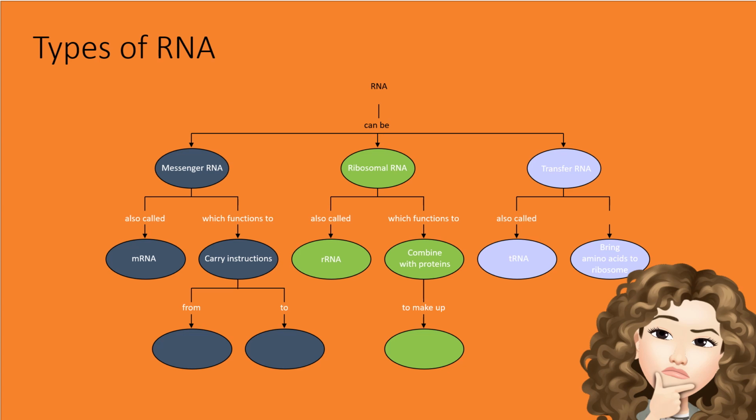But for now, what I want you to see is that the messenger RNA carries the instruction from our DNA to the ribosome, which we will see in transcription. And for rRNA, this combines with proteins to make up ribosome. So we will see this in translation. And tRNA brings amino acid to ribosome, which will also be in translation.